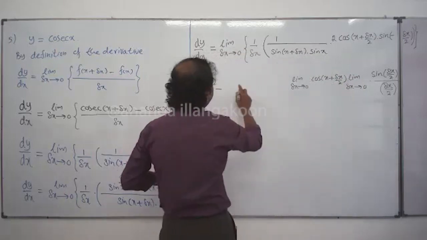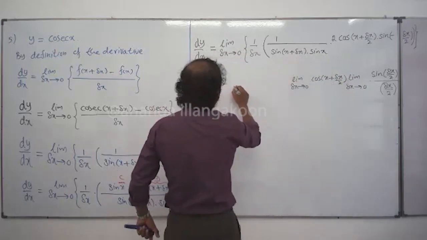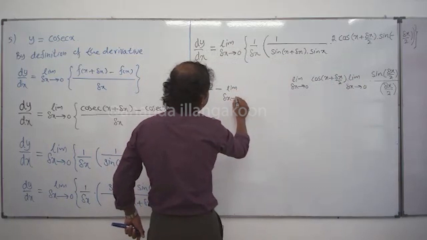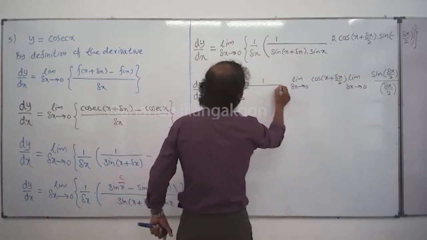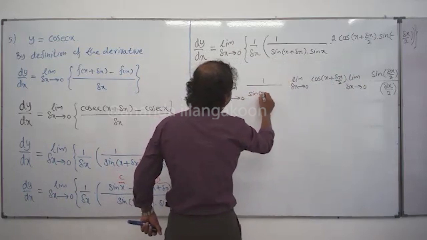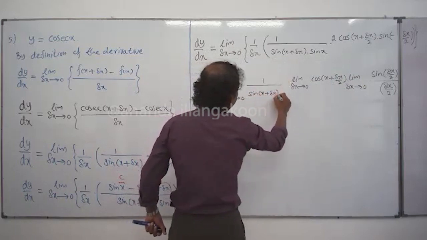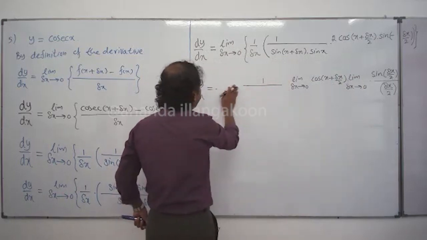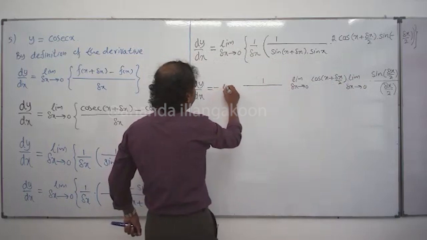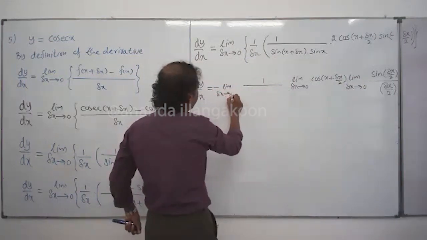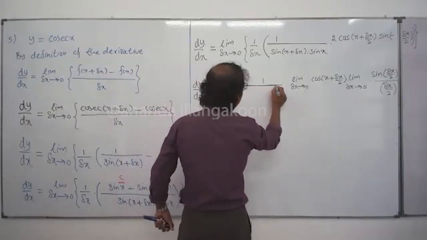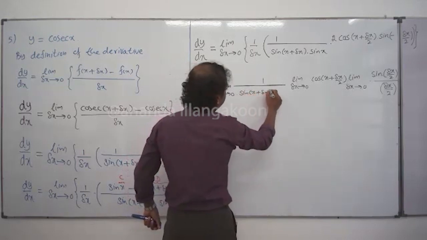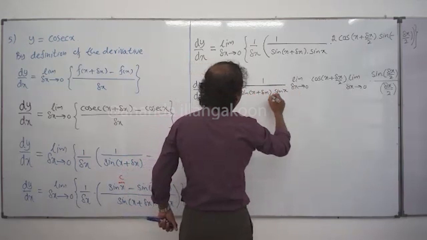And the next one I am going to apply for this: limit delta x going to 0, 1 upon sine x plus delta x into sine x. Minus limit delta x equal to 0, 1 over sine x plus delta x into sine x, like this.